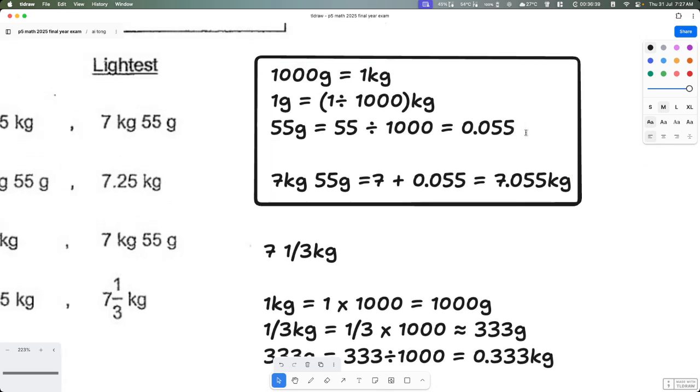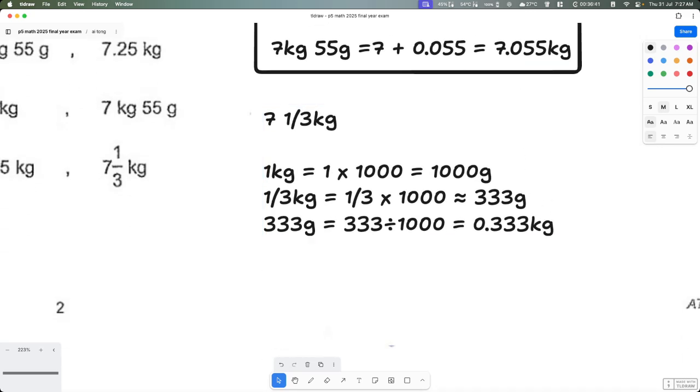So this is kg also. With this, that means 7 1/3 kilograms will be equal to 7 plus 0.333, equal to 7.333 kilograms. So 7.33.